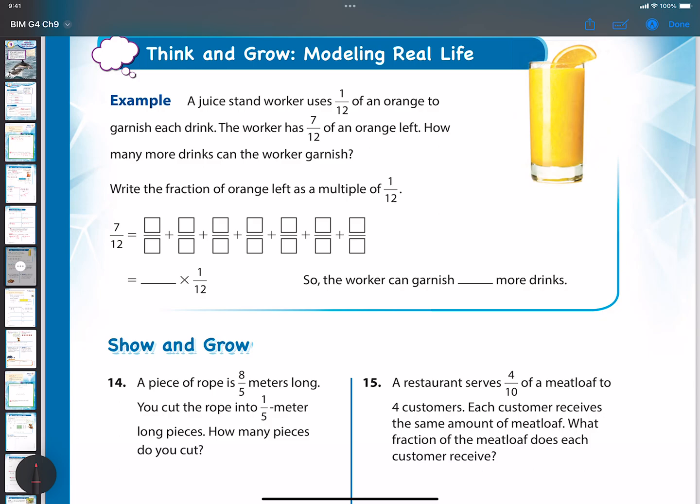So how many 1/12, which is the unit fraction? Yes, 7 of them: 1, 2, 3, 4, 5, 6, 7 of 1/12. So the worker can garnish 7 more drinks.